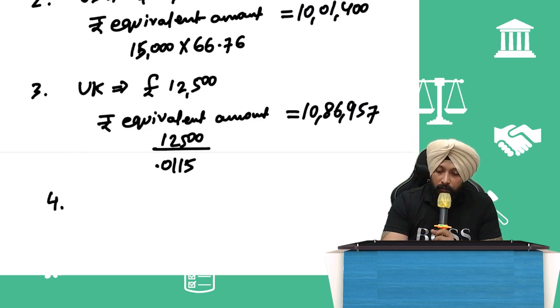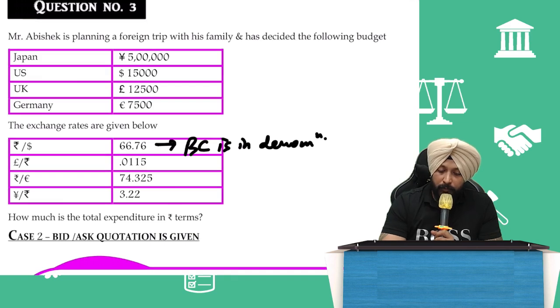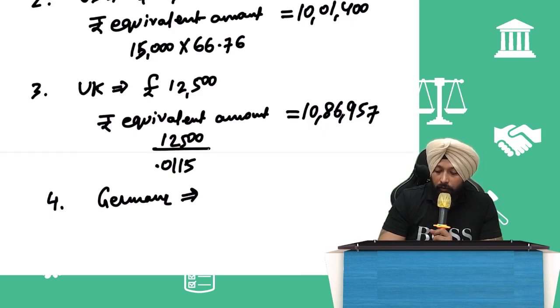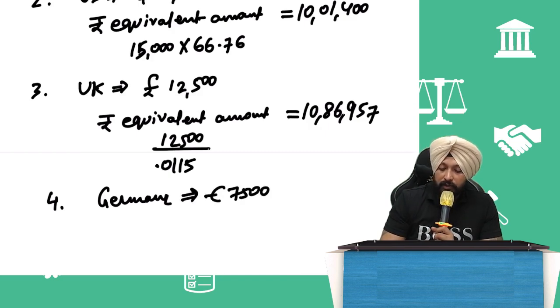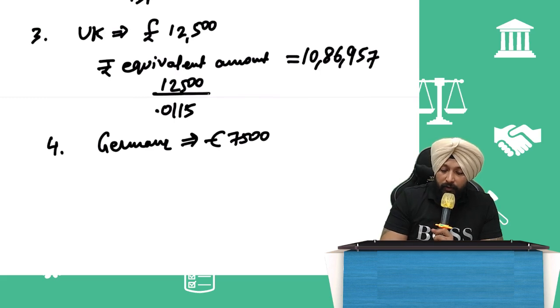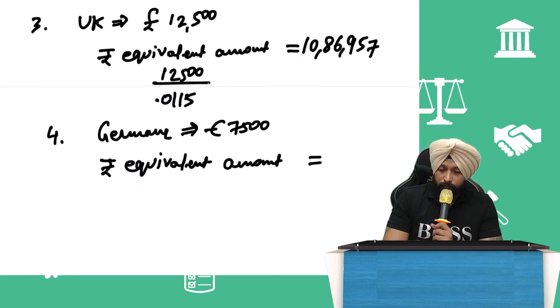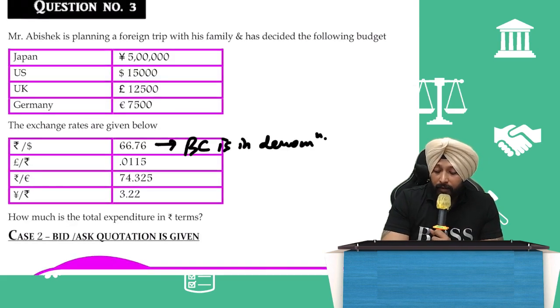Last. Germany is 7,500 euro. Rupee equivalent amount. Yeah, guys, rupee per euro is given. Euro is the base currency. From base currency, we need to move to the price currency.